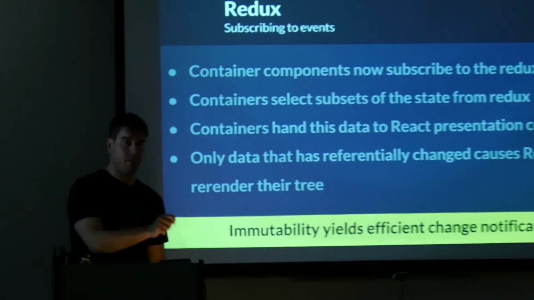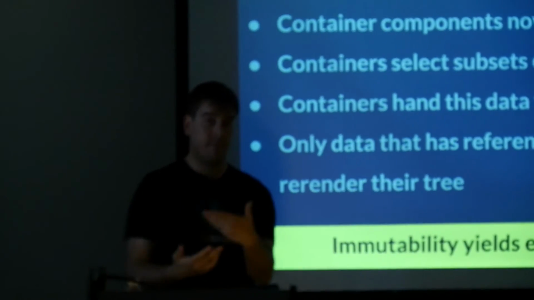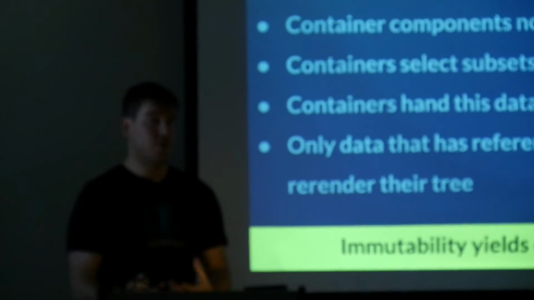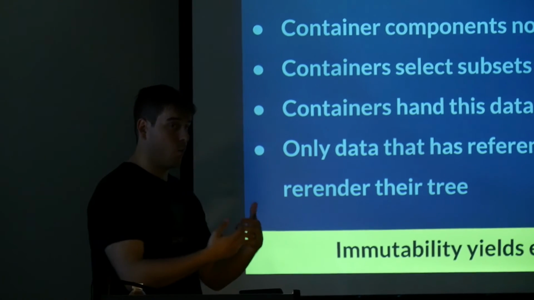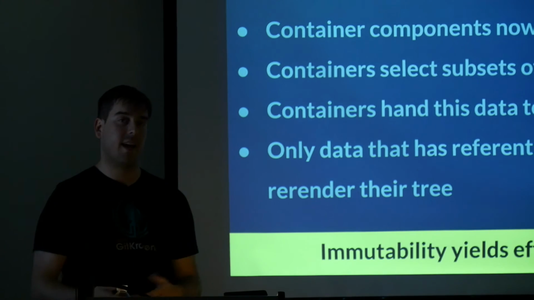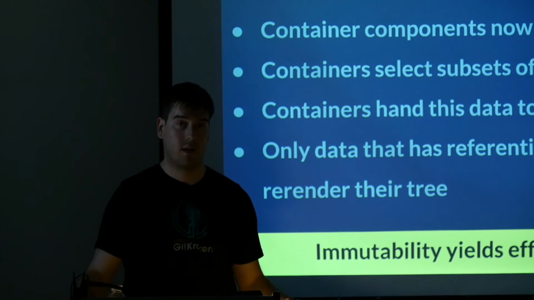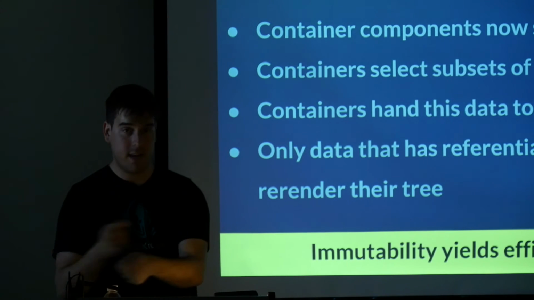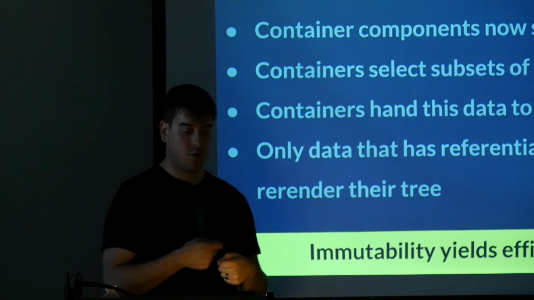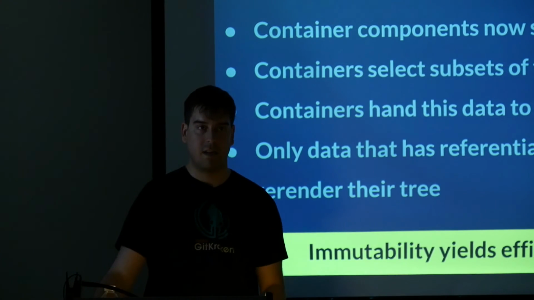It has the same object identifier that it had before. And when I hand you that referentially same thing, React can short-circuit and decide not to render anything because it's the exact same thing.